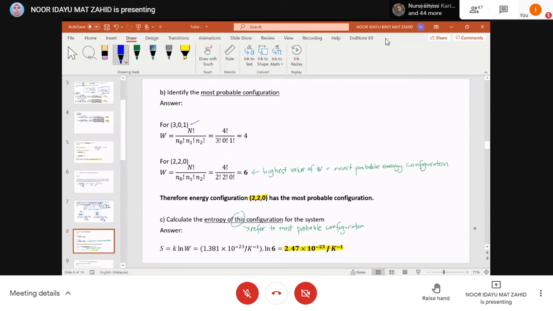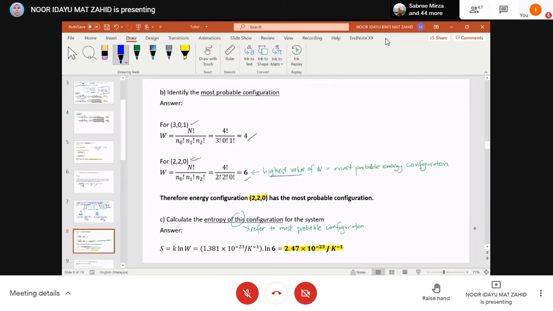This is how you calculate the number of ways: N factorial divided by N0 factorial multiplied by N1 factorial multiplied by N2 factorial. It will be equal to 4. For the 2, 2, 0 energy configuration, it will be equal to 6. So this is the highest value of W for this system, so it's the most probable energy configuration. 2, 2, 0 is the most probable energy configuration.